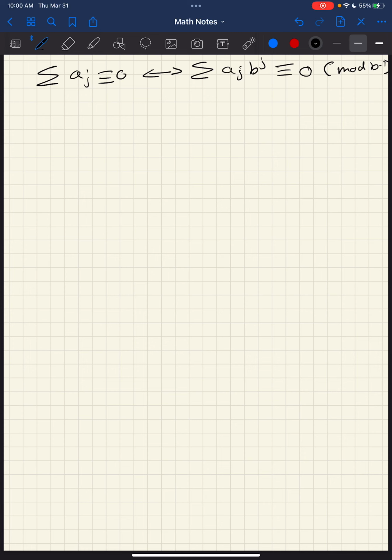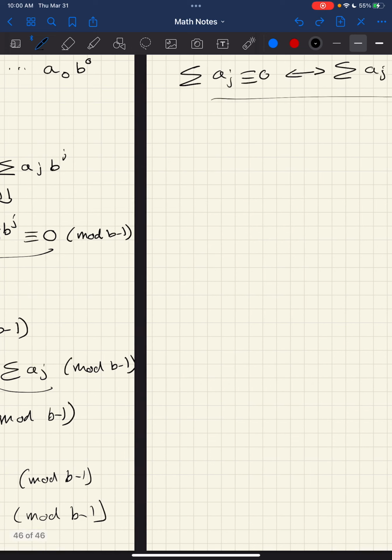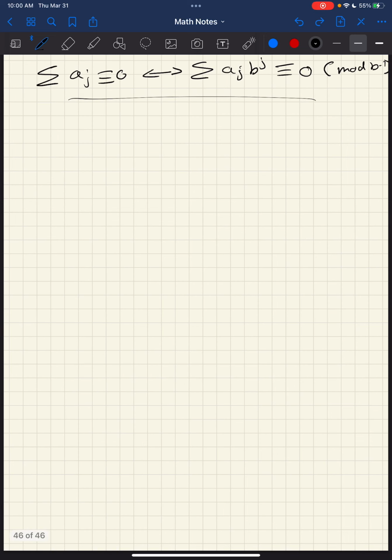And that's what we wanted to prove, right? Right here. So we proved that any number in any base is divisible by the base minus 1 if and only if the sum of its digits is divisible by the base minus 1. All right, thank you.